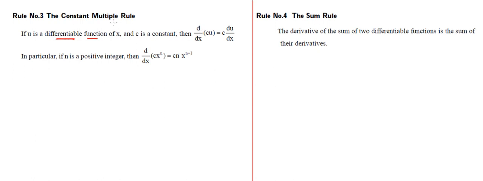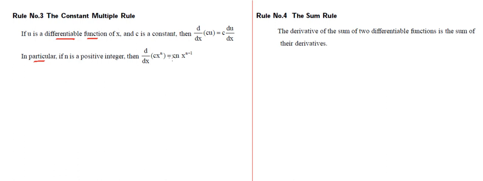That's what the rule says. In particular, in case we see a particular rule that we have talked about, if n is a number, then d upon dx of c x raised to power n, we have talked about this x raised to power n formula, then we can say this c will be taken outside, and then we'll be operating this d upon dx on x raised to power n, and x raised to power n will turn out to be, after differentiating, n x raised to power n minus 1.